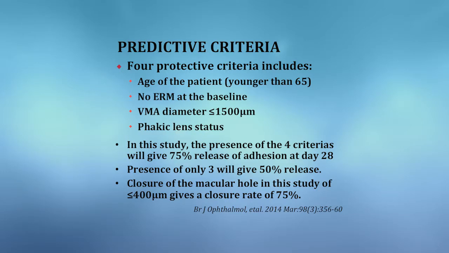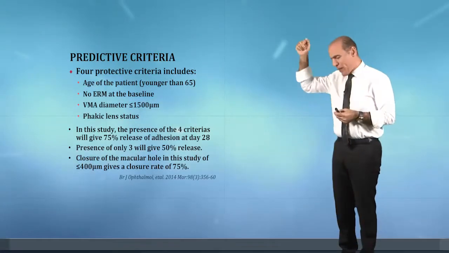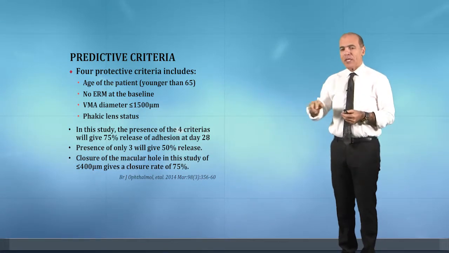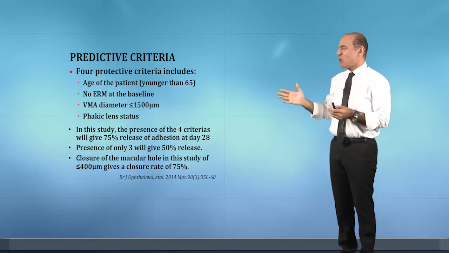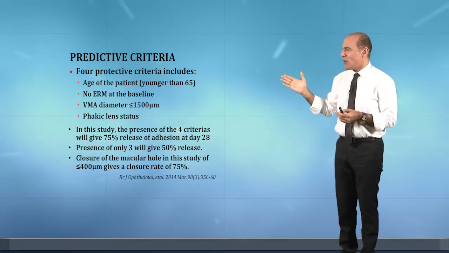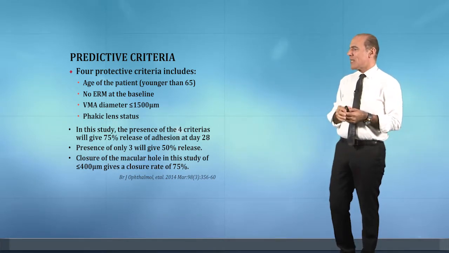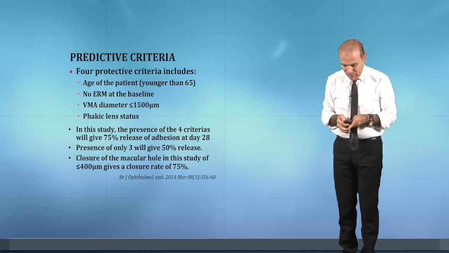So almost after a month from injection, 75% of these cases succeeded to complete PVD with the release of all pathology that may lead to macular hole formation. Presence of only 3 out of the 4 predictive criteria will give you an incidence rate of separation of 50%. Closure of the macular hole of 400 micron or less in this study gave a closure rate of 75%.